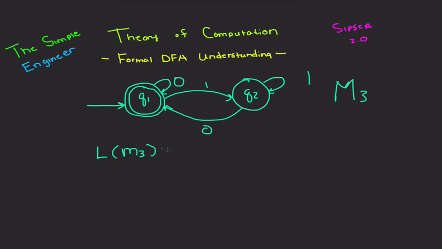So what I would say is M3 is going to recognize the language where there exists some W such that W is the empty string epsilon, or it ends in a 0.